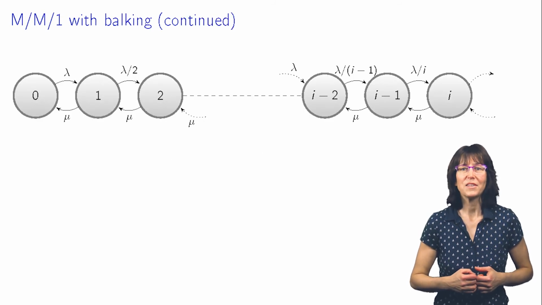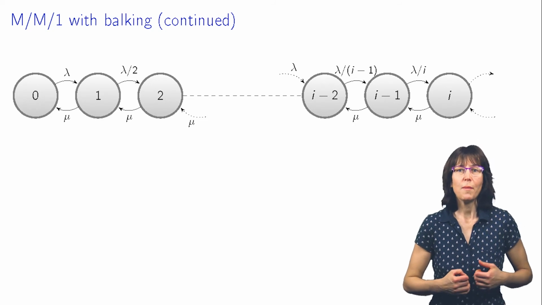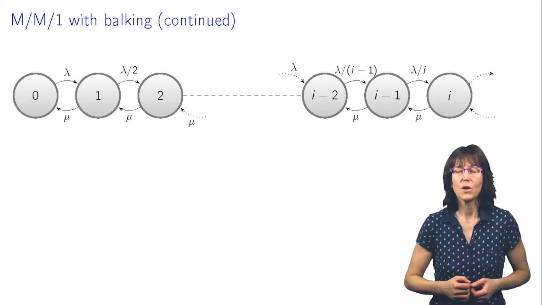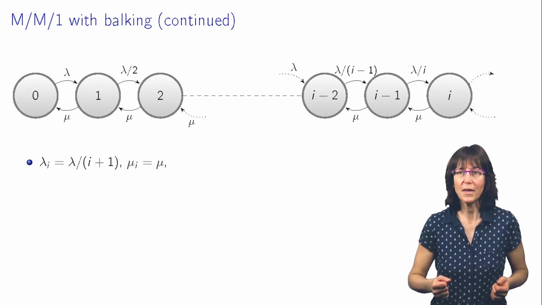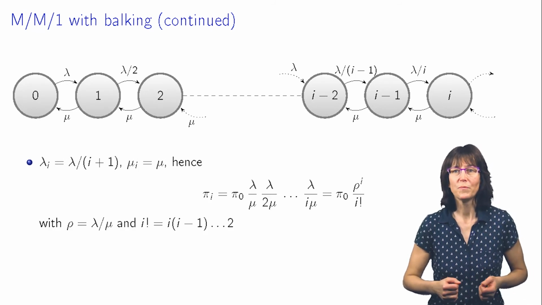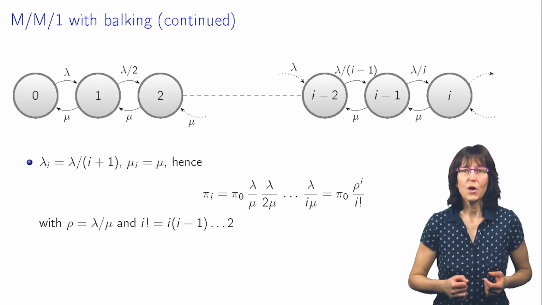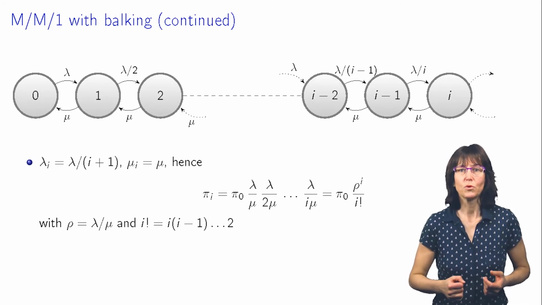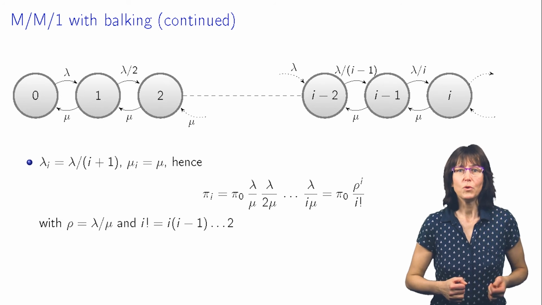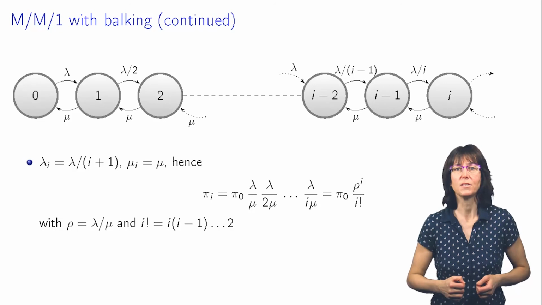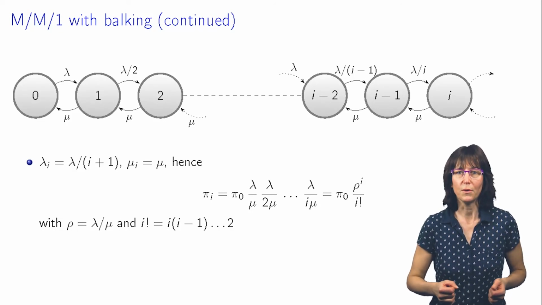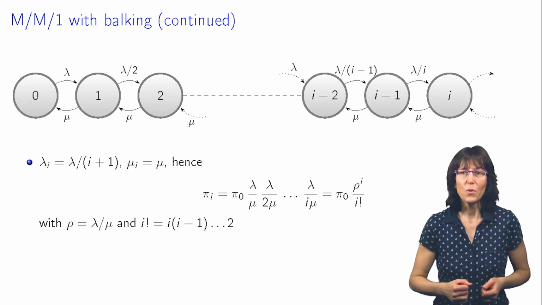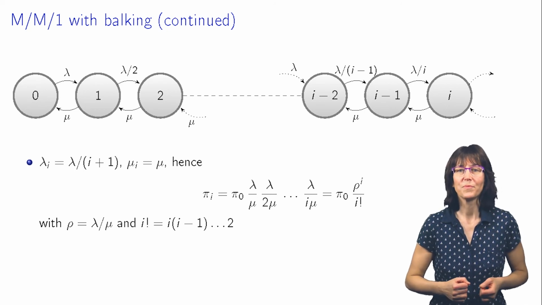We may apply these computations to our M/M/1 model with balking. Recall that lambda i equals lambda divided by i+1 and mu i equals mu. Using the previous result, we have pi i is proportional to lambda divided by mu times lambda divided by 2 mu, etc. This is equal to rho to the power of i divided by i factorial with, as usual, rho equals lambda over mu.